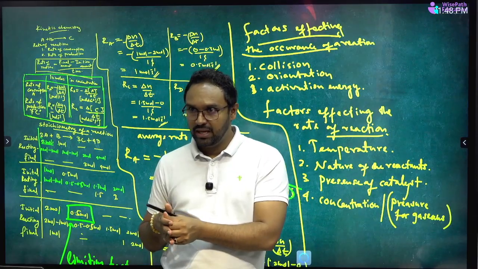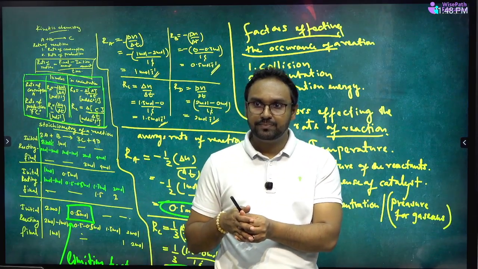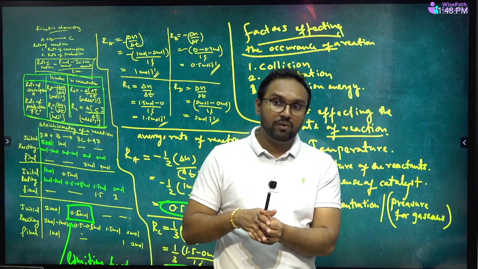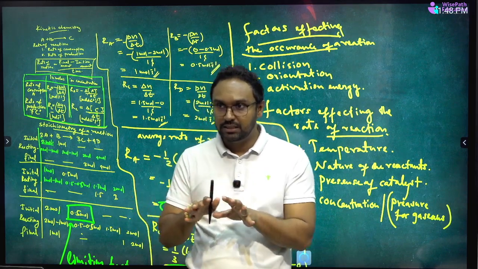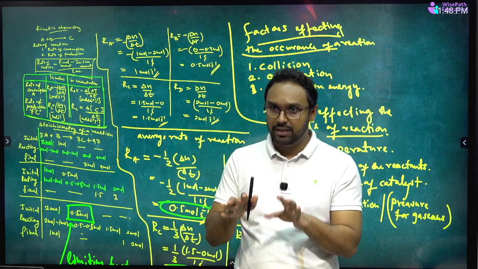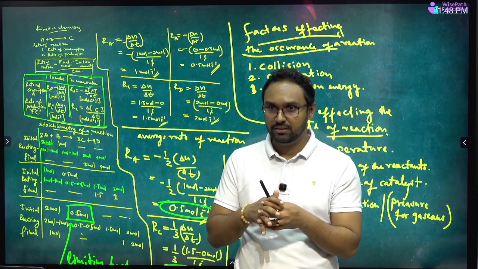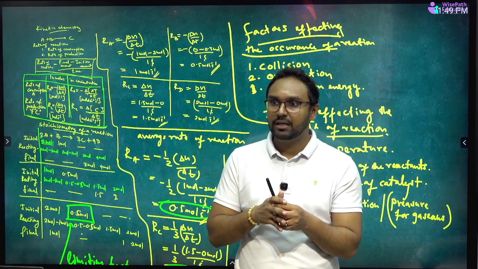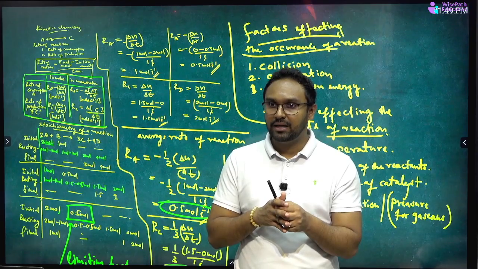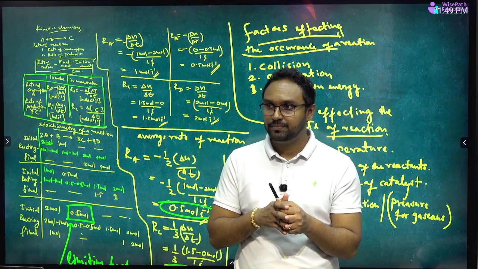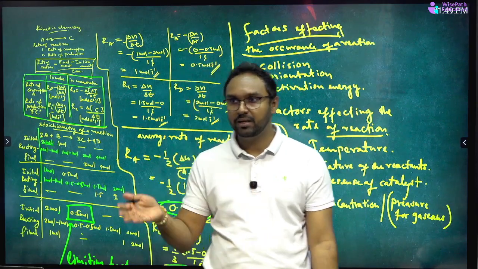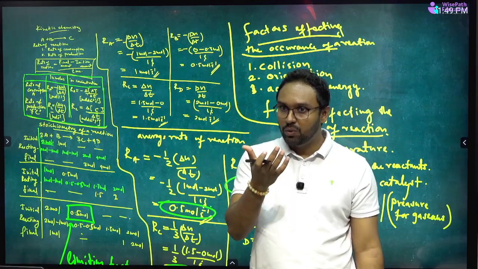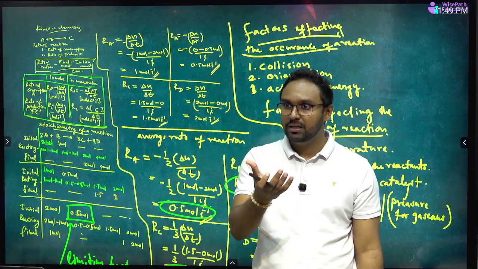Get it? The lock and key method means the catalyst can connect only certain specific reactants. Let's say the catalyst catalyzing maltose breaking into glucose can connect only with maltose.